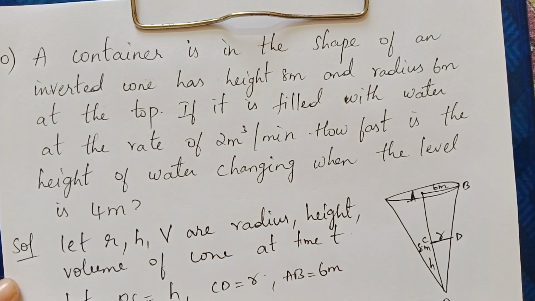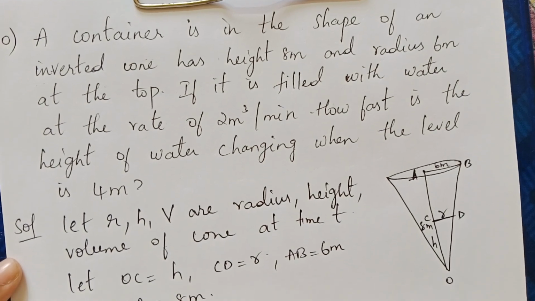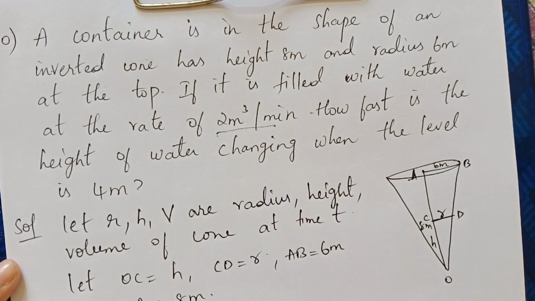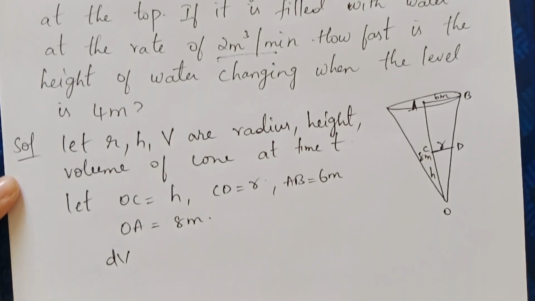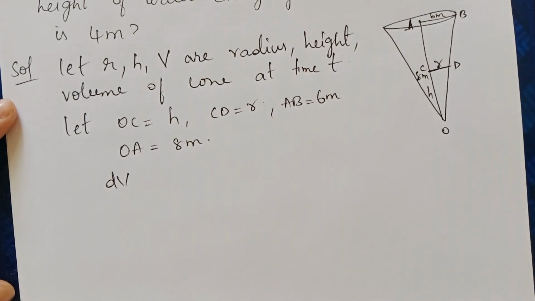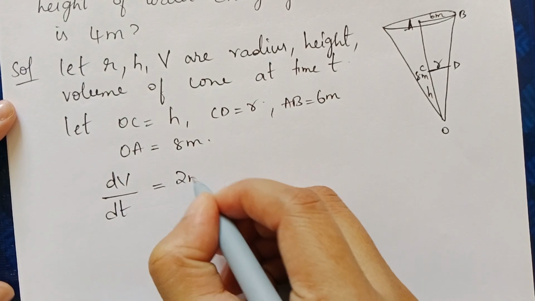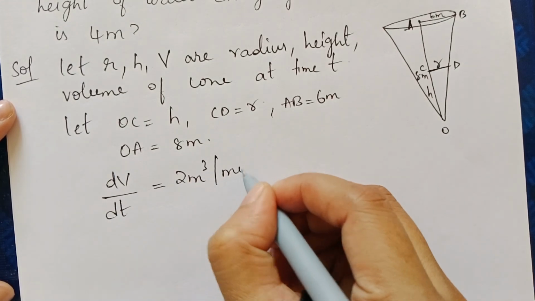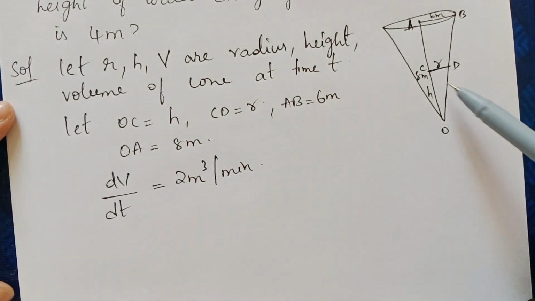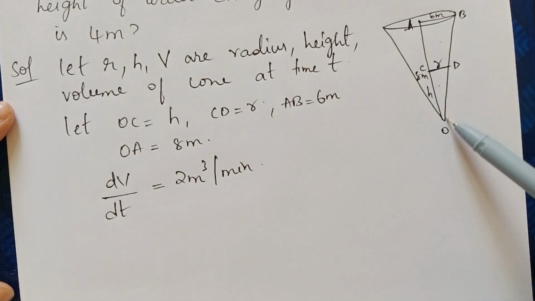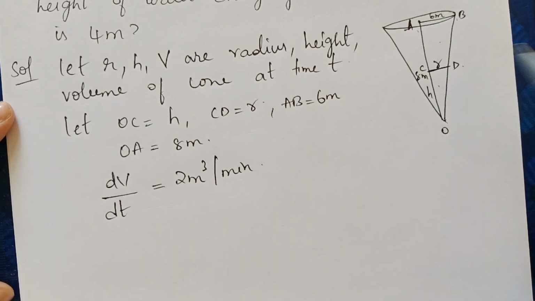Okay. Now in the question the rate of filling, which is nothing but the change in the volume, is dV/dt, which is equal to 2 m³ per minute. Now here we'll get two triangles, right? OAB and OCD.